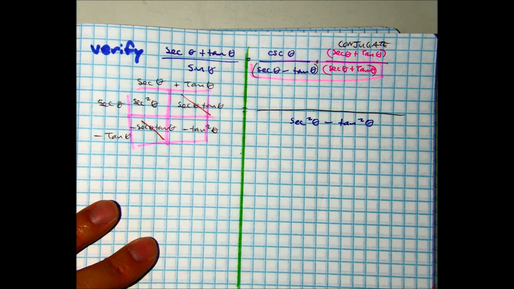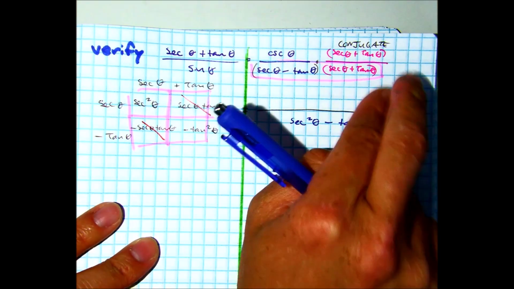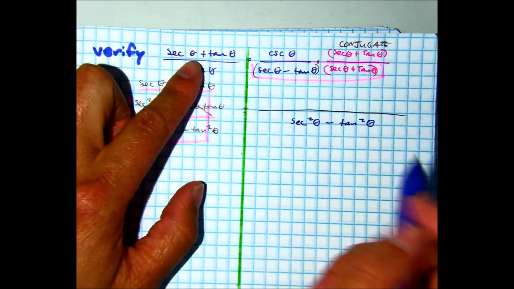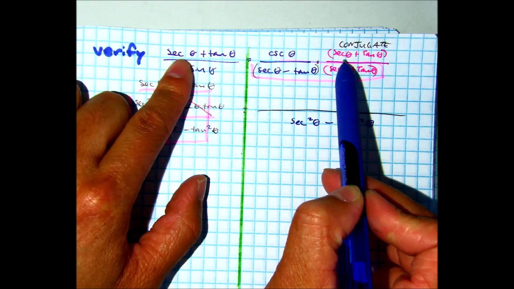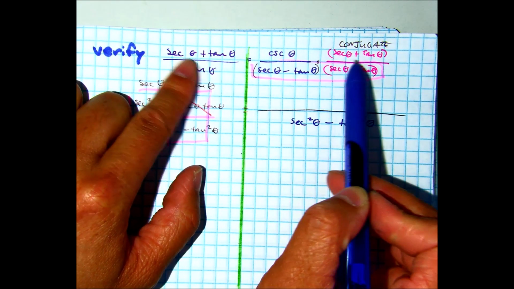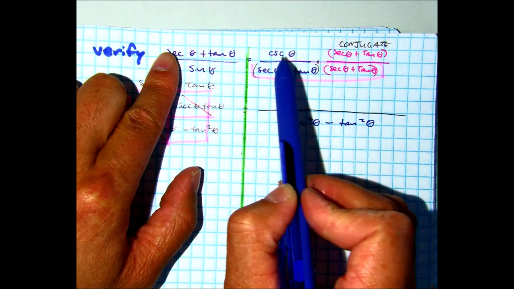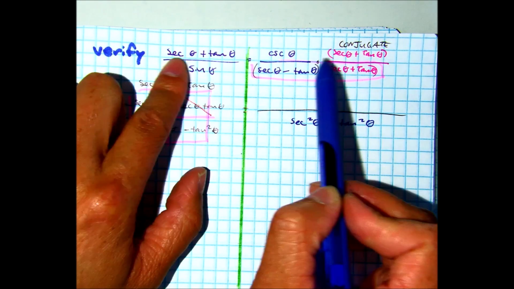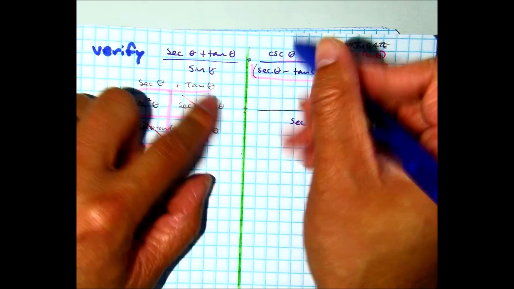Now, if you look at what we're trying to do here, we're trying to make this side look like this side. We just did the conjugate, and if you notice something, I have the secant plus tangent that I want. So I'm not going to distribute. I'm not going to change the numerator into sines and cosines because there's a piece right there that I want to keep. So I'm just going to write this as is.